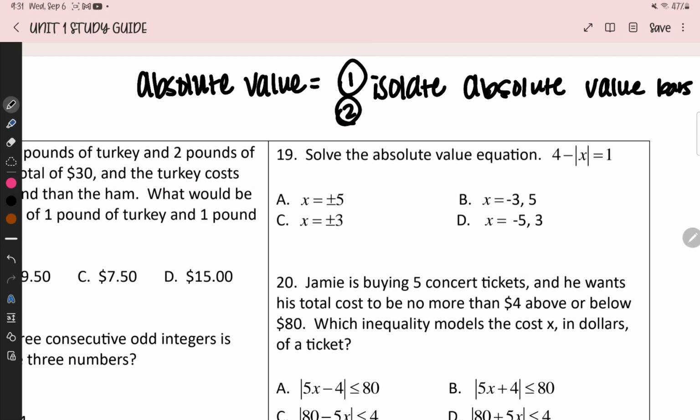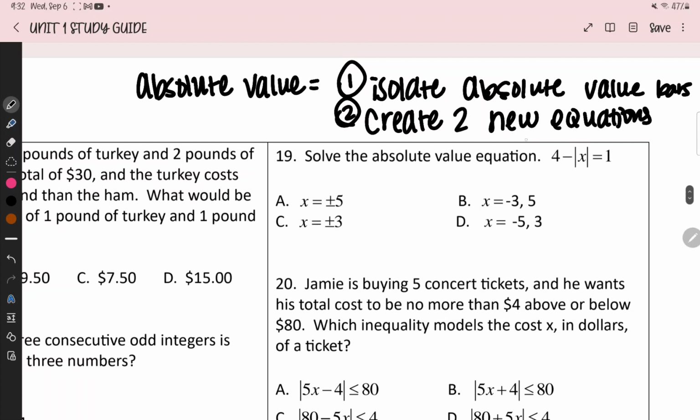And then what you're going to need to do is create 2 new equations. One of them will be a positive value and the other one will be a negative value, for whatever is in the absolute value bars. All right, so let's isolate the absolute value bars for number 19.